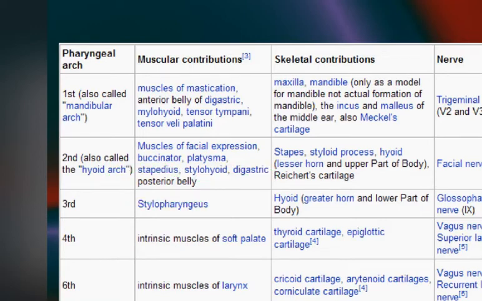This means that this structure is embryologically mosaic. Embryologically mosaic refers to a structure that's derived from more than one pharyngeal arch, or more than one process. So this applies here.